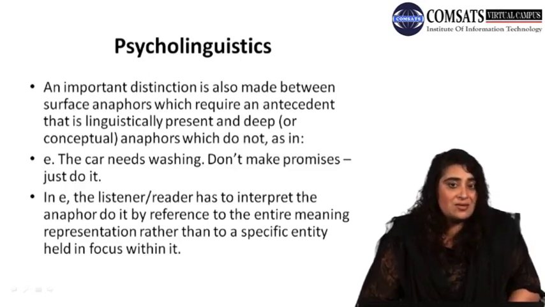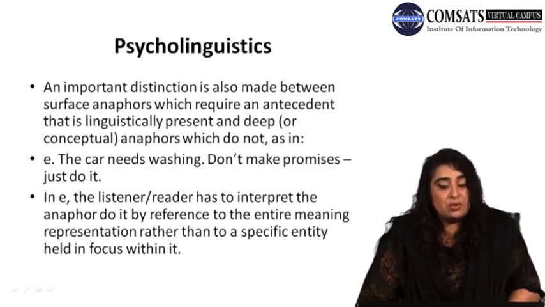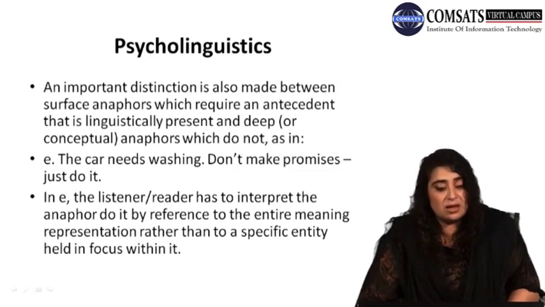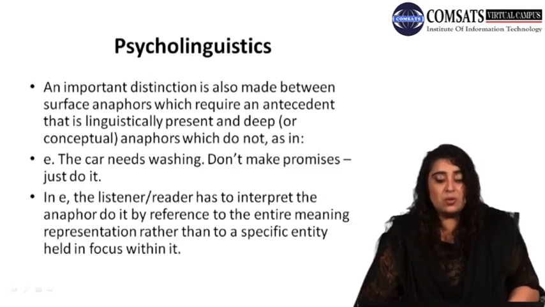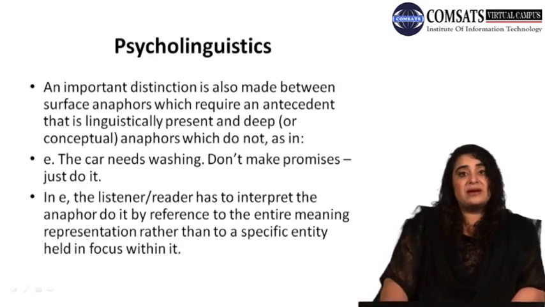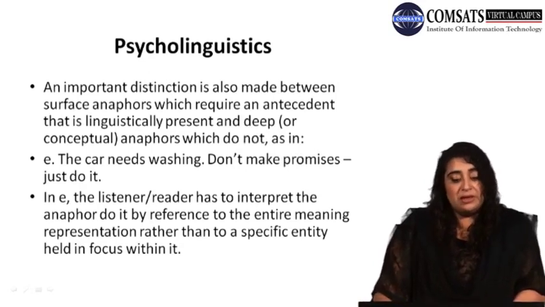That sentence has to be referred to for the listener or the reader to understand the anaphor in the next sentence. So "just do it" means wash the car. The whole meaning has to be represented for it to be clear.